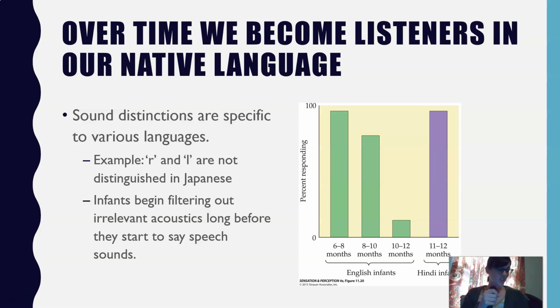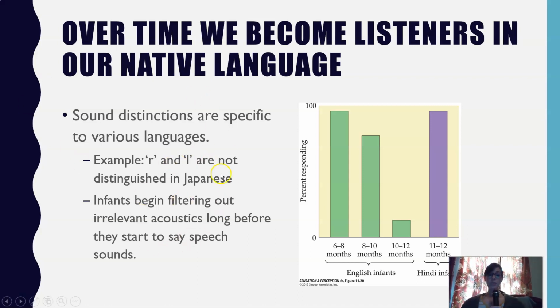One of the things that's kind of interesting is that Japanese newborns are actually capable of distinguishing between the ra sound and the la sound. But over time, as they get more exposed to sounds that are relevant to their language, they lose the ability to distinguish between sounds that are not relevant to their native language. So infants begin to filter out those irrelevant sounds largely before they actually start to produce speech.